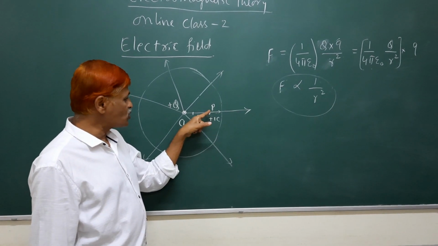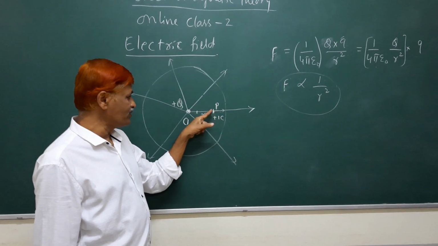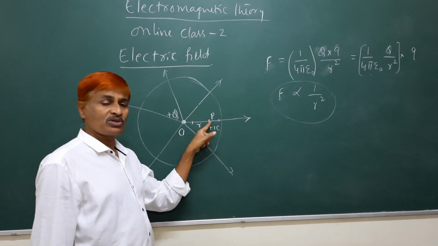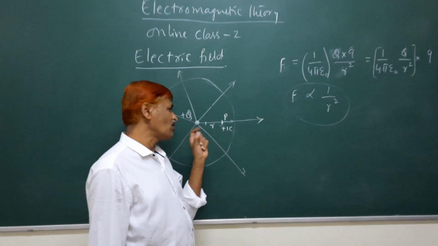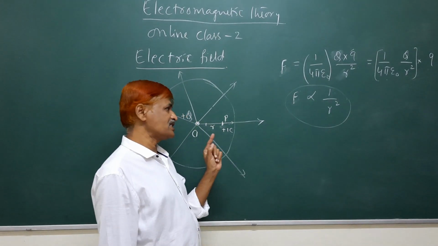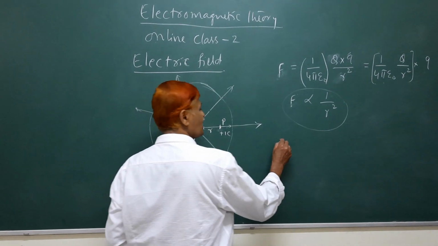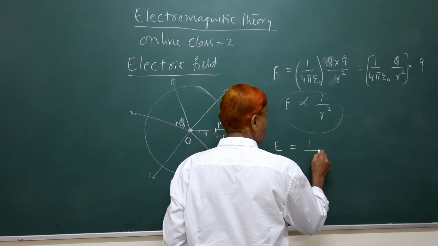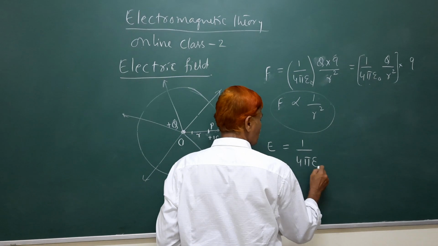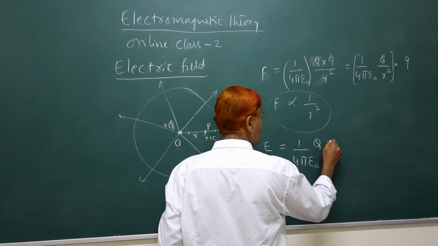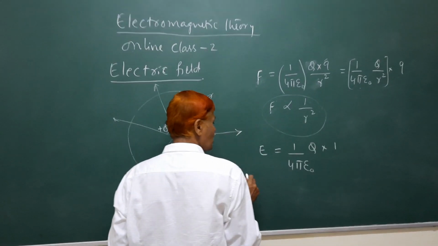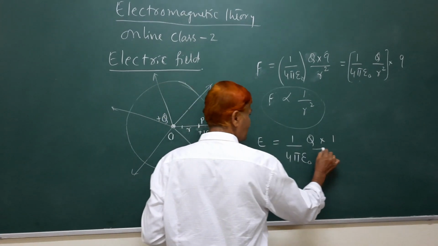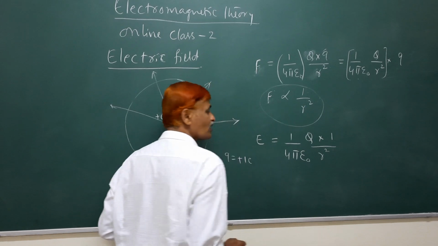When you place plus 1 Coulomb at this point P, which is at a distance R, it experiences a force, and that force is called electric intensity, E. So E is equal to 1 divided by 4 pi epsilon Q into 1 Coulomb, because q is equal to plus 1 Coulomb, the test charge, divided by R square.